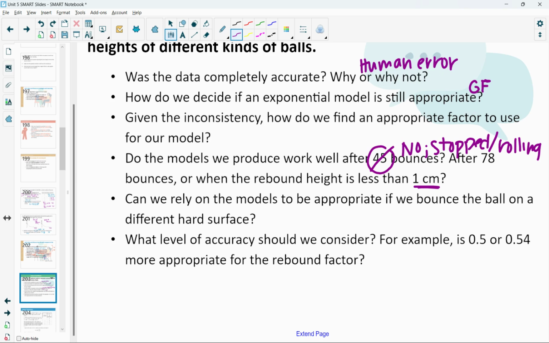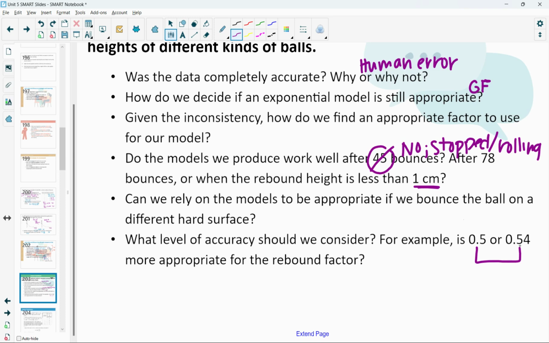What level of accuracy should we consider? For example, is 0.5 or 0.54 more appropriate for the rebound factor? They're basically the same; they're going to give you about the same results. 50% versus 54% when we're talking ball bouncing is probably fine.